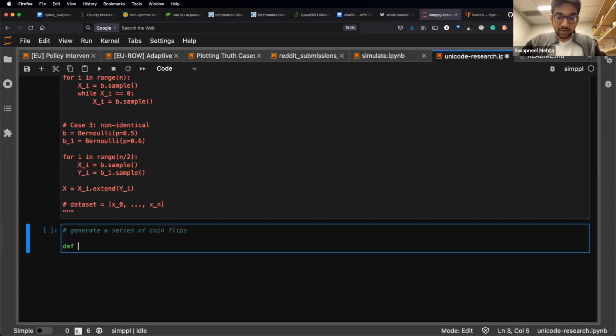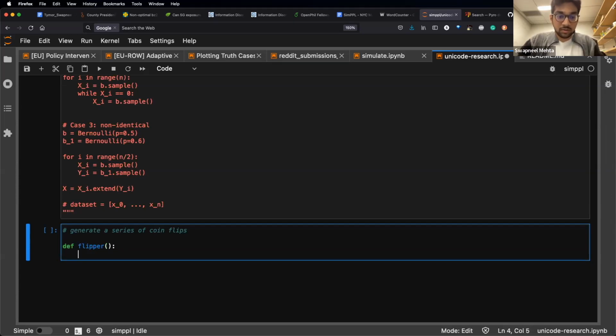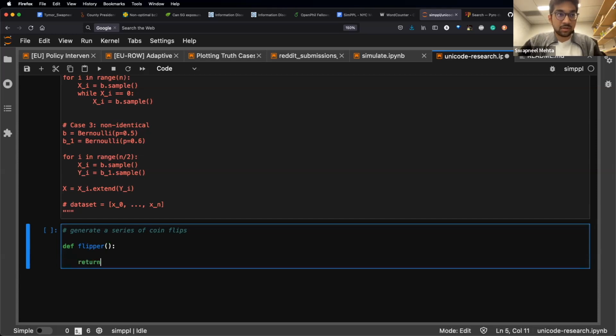And I want to write a function that I want to call flipper, where I want to return data, which is basically a set of outcomes, 1, 0, 1, 1, 0, and so on.